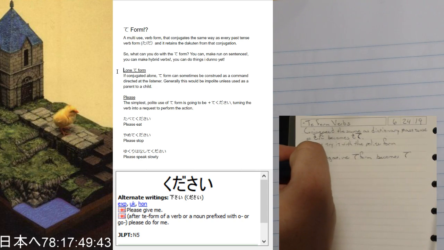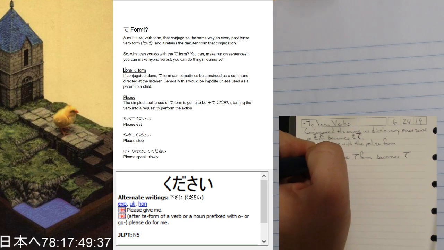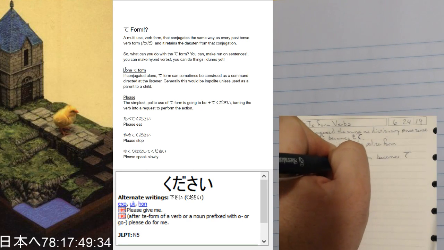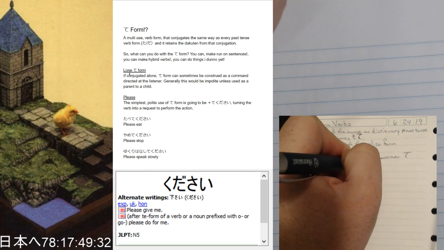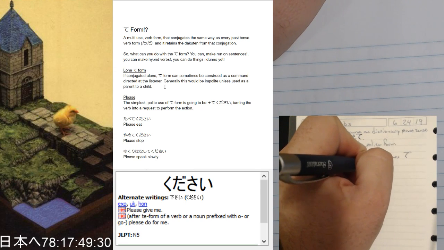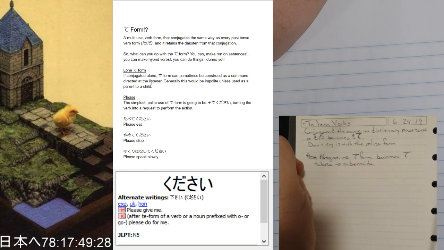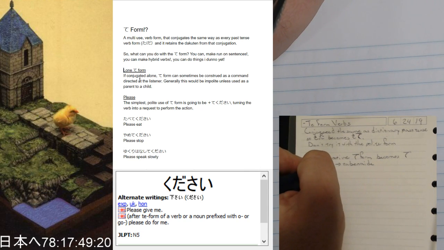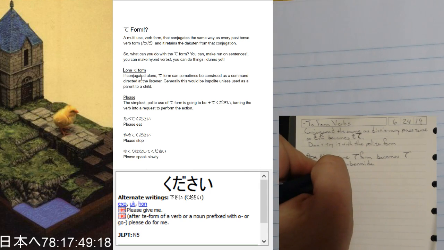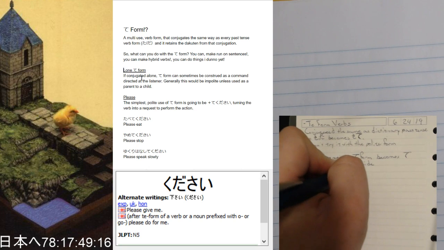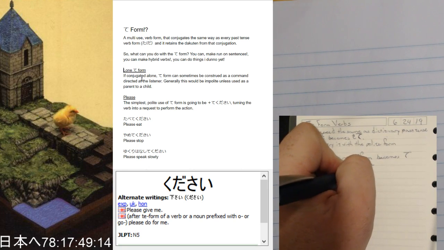I've just called it lone te form here to say when it doesn't have anything attached to it, it's just conjugated by itself.